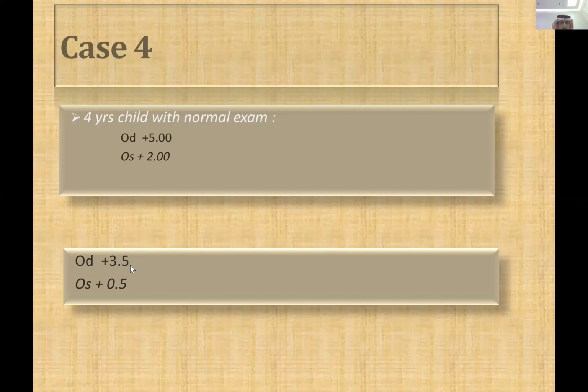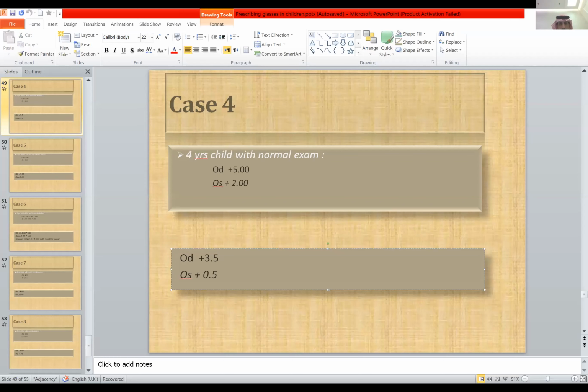No, I think this is by mistake. You under-correct 1 diopter in the left eye, and in the right eye either you give +4 or +4.5. This is by mistake.